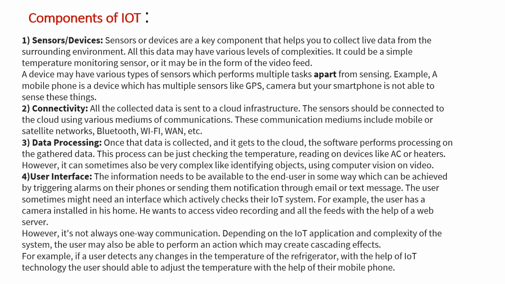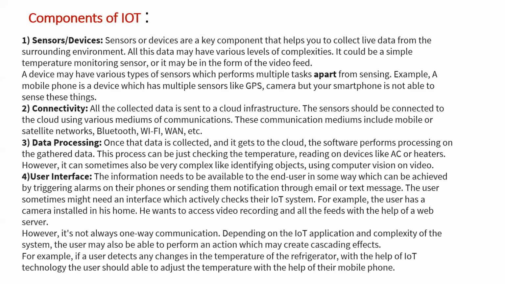Okay, it could be a simple temperature monitoring sensor, or it may be in the form of some video input. Okay, so video input would be complex as compared to your simple temperature monitoring. Okay, so basically these devices are nothing but the sensors which are used for sensing the environment which is present around that particular device.